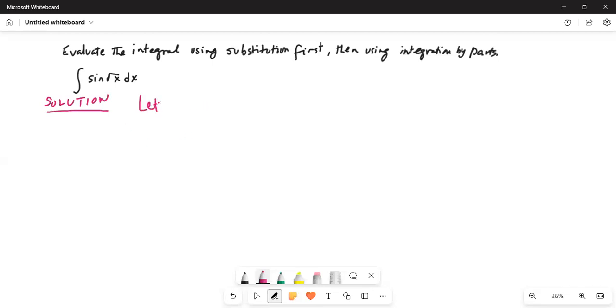Let u be equal to square root of x, which leads to u squared is equal to x, and then further leads to 2u du is equal to dx.